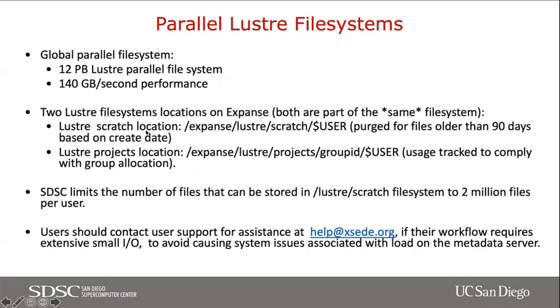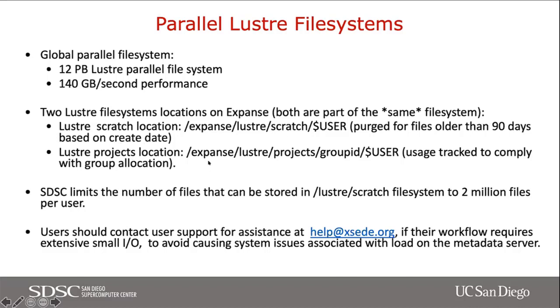So talking of Lustre, that should be a singular there. It's a parallel file system. So it's a global parallel file system with 12 petabytes, and it's available on all the nodes. There are 2 locations on this one file system. So it's important to remember it's a single file system. The Expanse Lustre Scratch $USER, which we will purge for files older than 90 days based on create date.